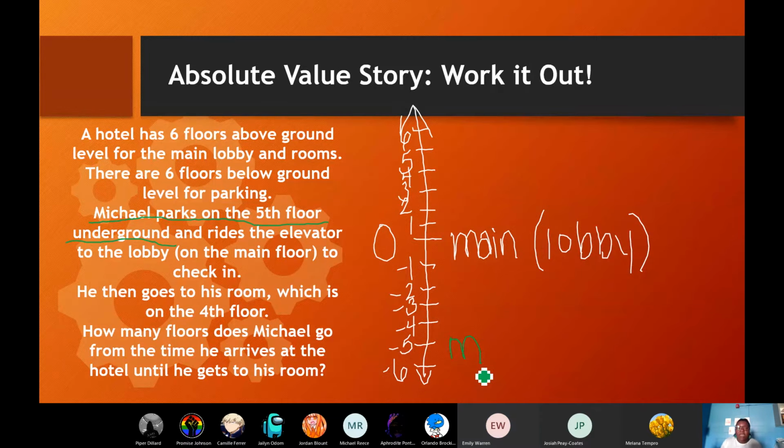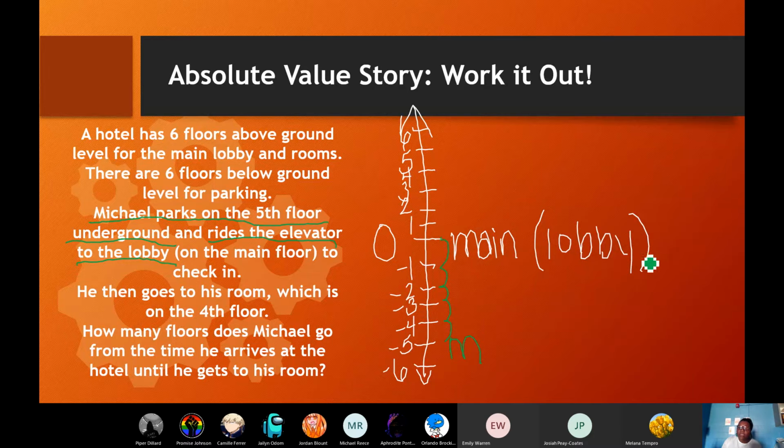Very good. So then what happens next in our story? He rides the elevator to go to the main floor. Yeah, he goes to that lobby to check in. So let's jump there on his elevator together. 1, 2, 3, 4, 5.